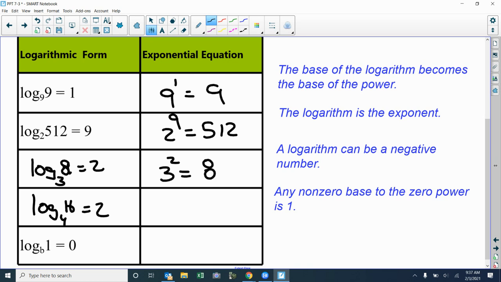See how I switched that from my 8 here real quick? See that? Our last one, 4 to the second is 16. Anything to the 0 power is 1. Everybody okay? Questions or concerns there?